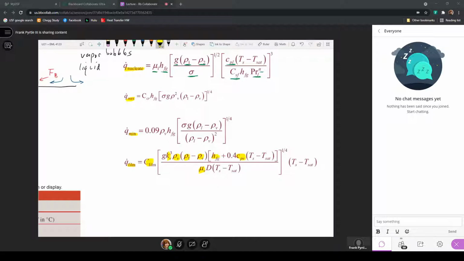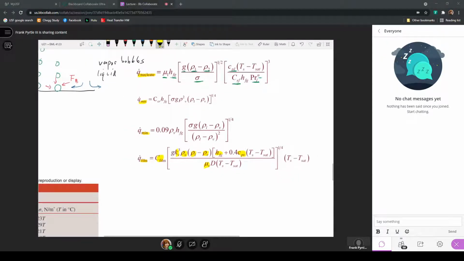The saturation properties don't change, because at a saturation condition, the saturation temperature is directly linked to what the atmospheric pressure is around that, or what the pressure is for that fluid.